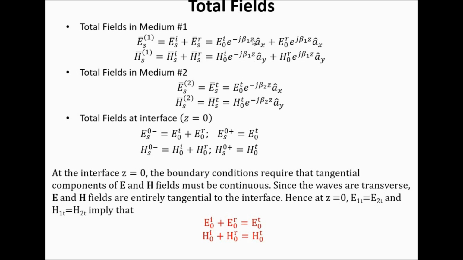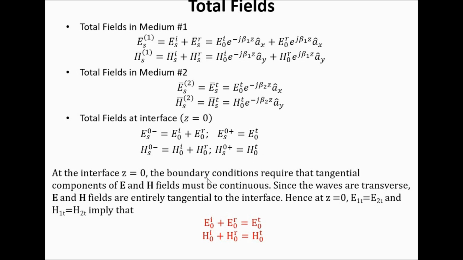I am putting z equal to 0 in this equation, but relating to medium 1. If you put z equal to 0 in this expression, that is on the surface but closer to medium 2, you will get E0T. Similarly, for the magnetic field, you will get H0I, H0R, and for the second medium, at 0 plus, you'll get H0T.